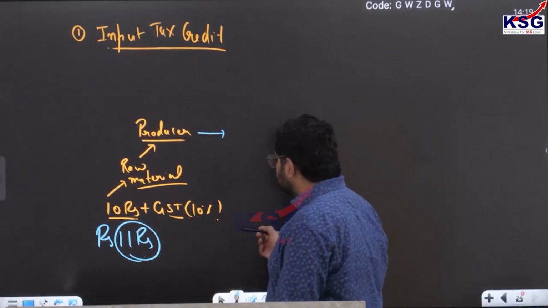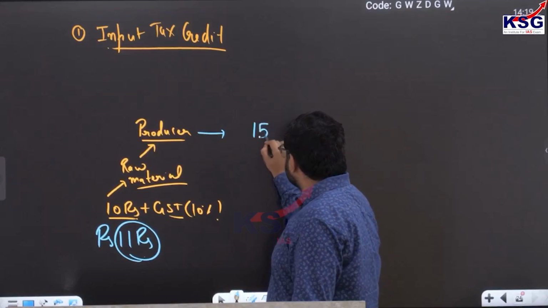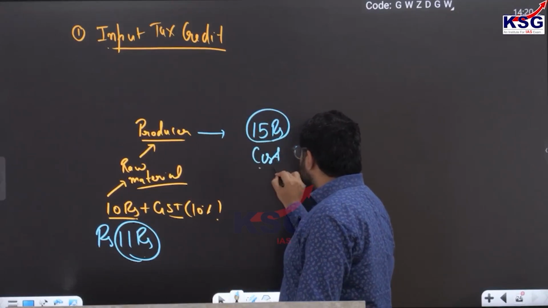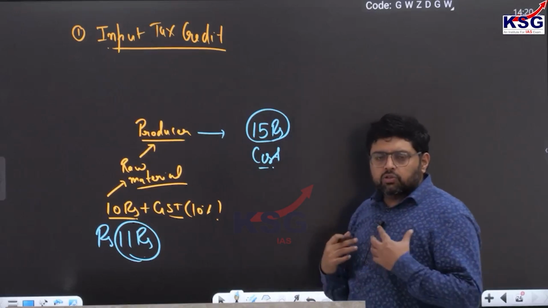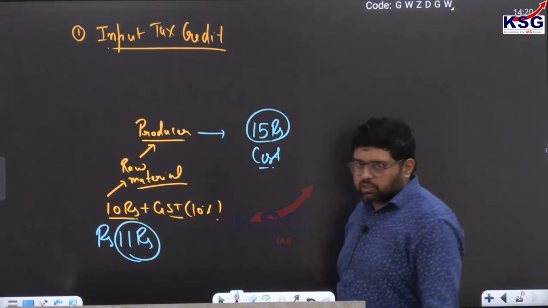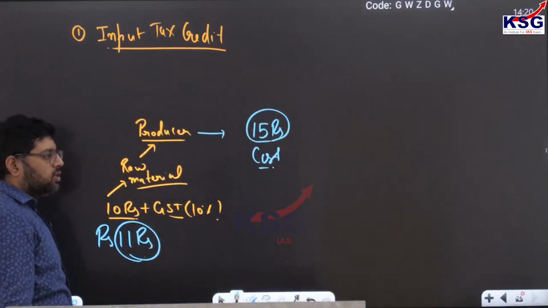Suppose I sell that product at 15 rupees. So 15 rupees is my cost of production. Clear? Ultimately I have spent 15 rupees on it.